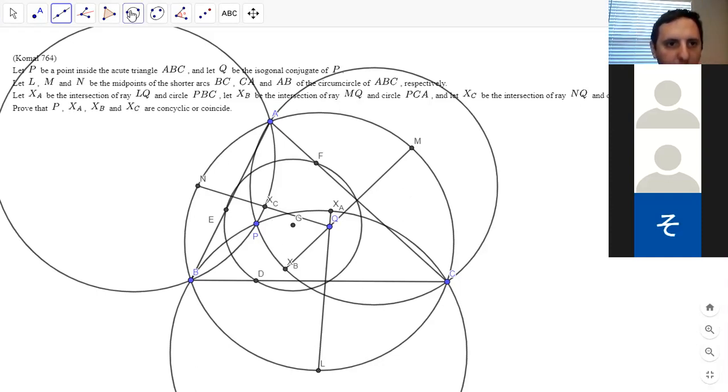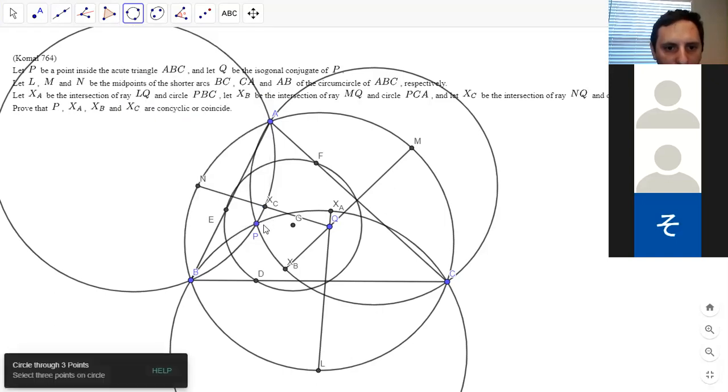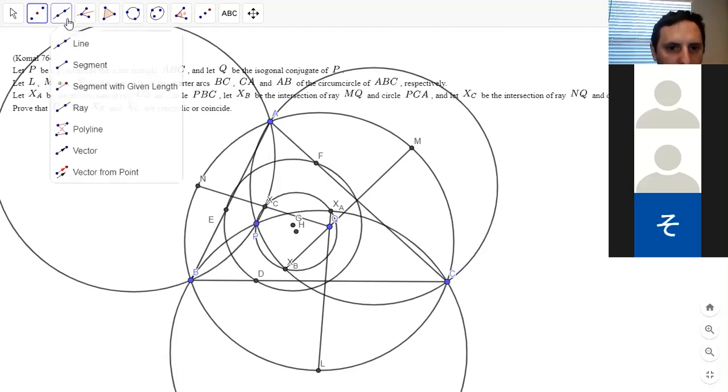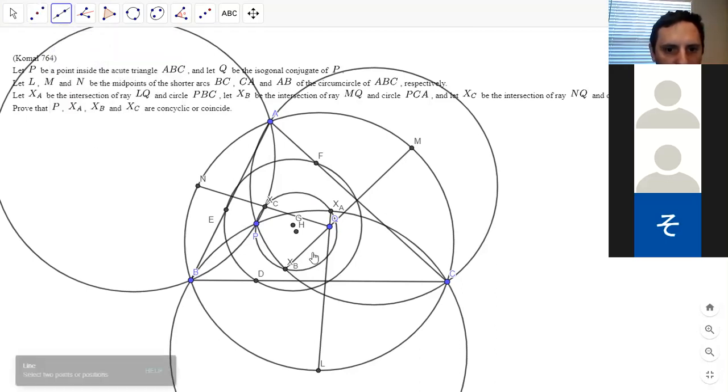Oh, the center of that. Yeah. So H. Let's see. Could H be the... I was thinking maybe the incenter, but sorry.